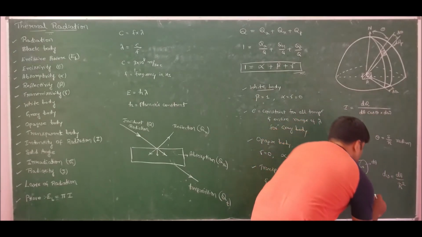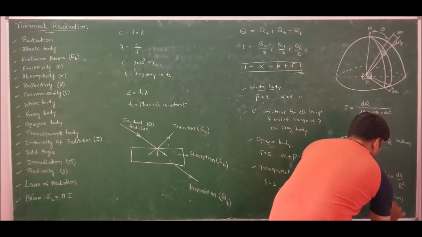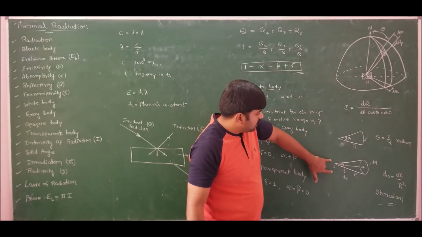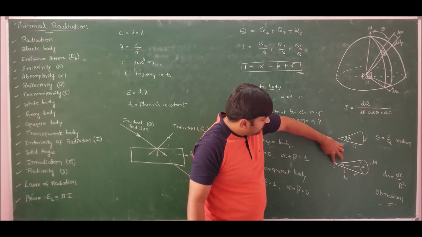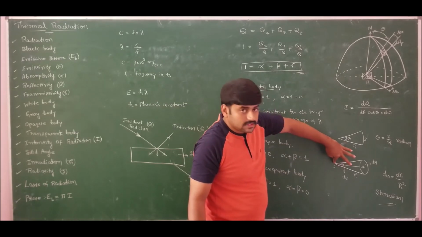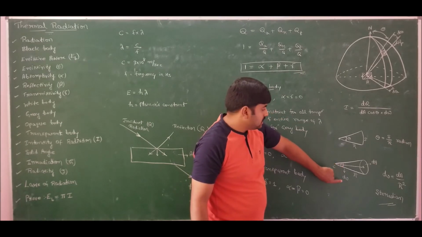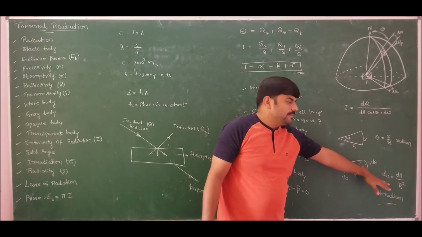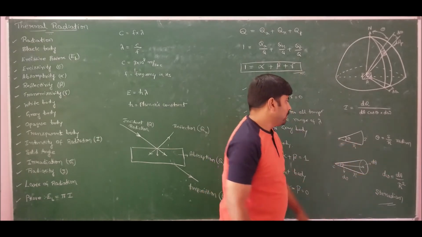The unit of solid angle is steradian. So this is how we can explain the solid angle. That is, from the center, if I connect the surfaces, I will get a three-dimensional angle at the center, which is termed as solid angle. The equation for solid angle is dA by r square and the unit is steradian, whereas this is plane angle.